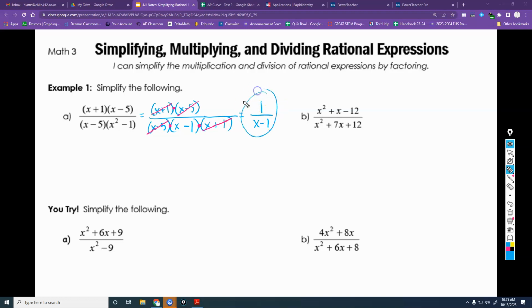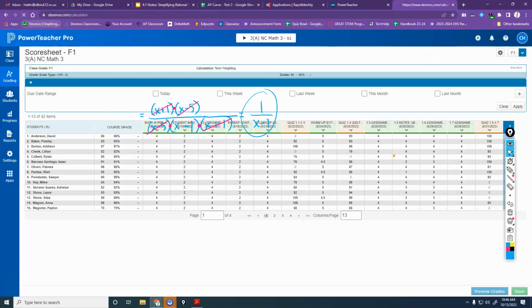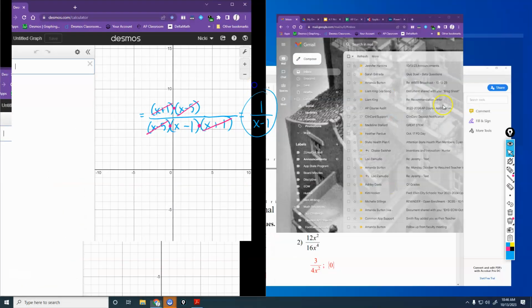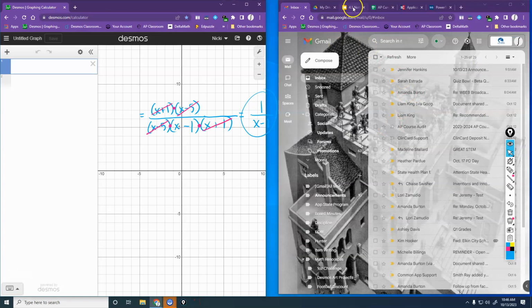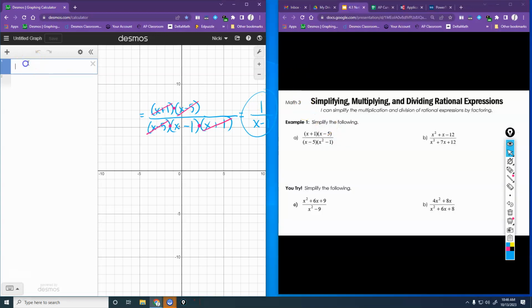Now, we like our Desmos tricks on this. So let's look at this real quick on Desmos. So if I graph what the original looks like, x plus 1 times x minus 5 over x minus 5 times x squared minus 1.